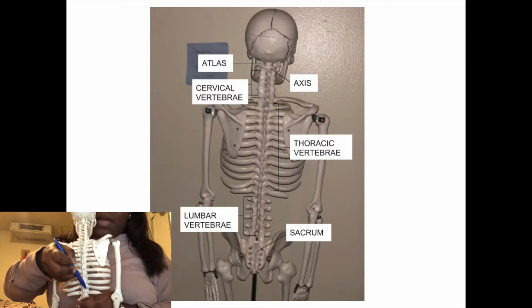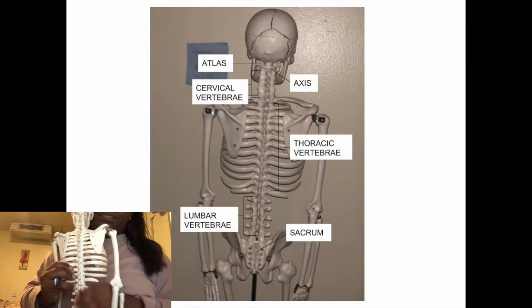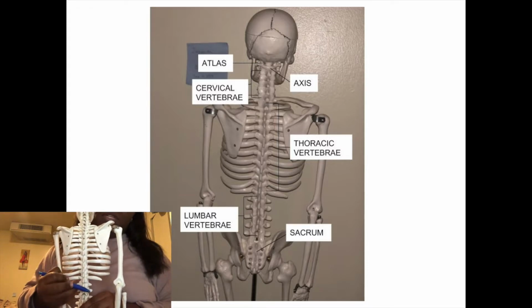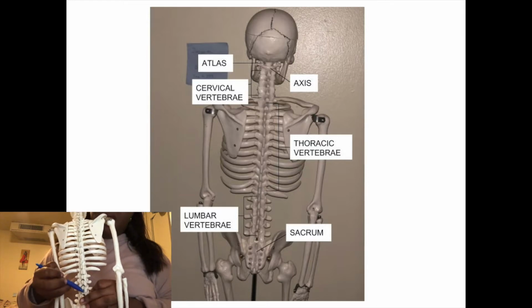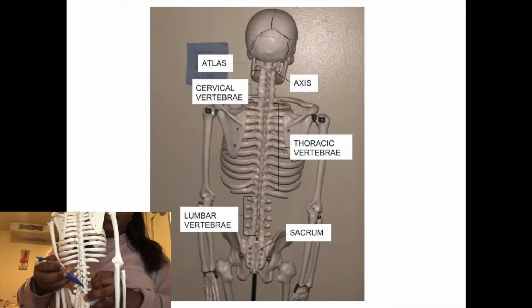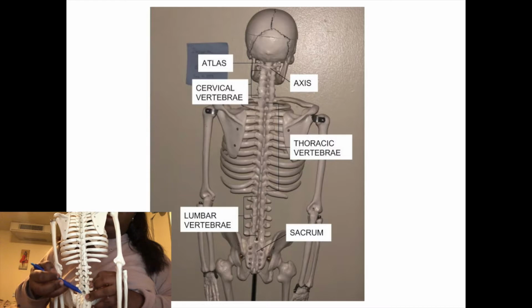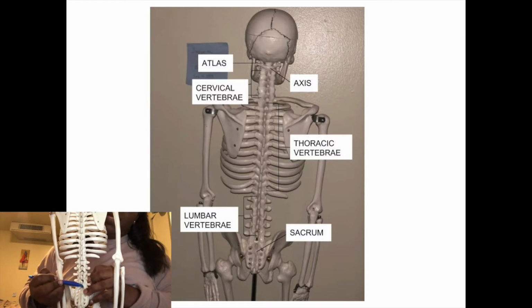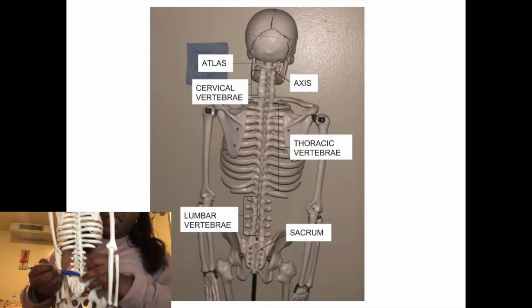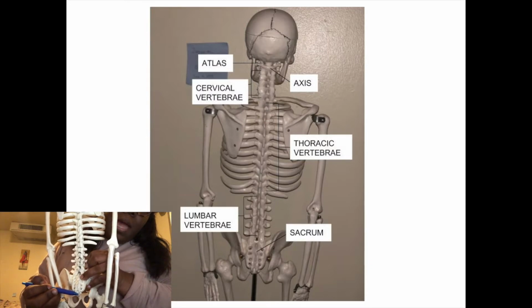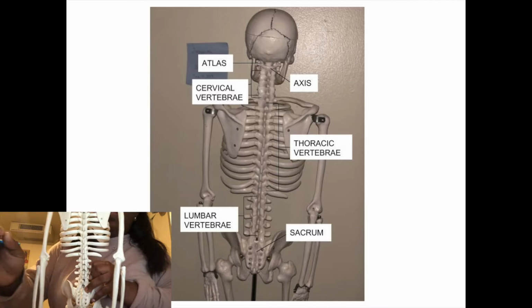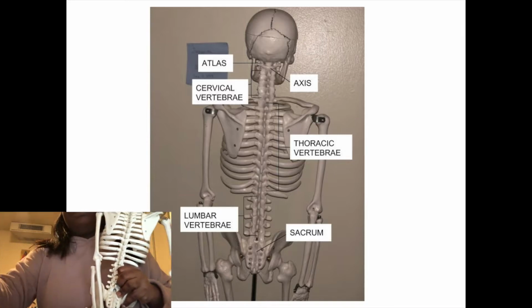And then we get down to the lumbar region, which extends down to the point where the sacrum begins, right here. Right at the end of the sacrum is the coccyx, and that is the vertebral column.